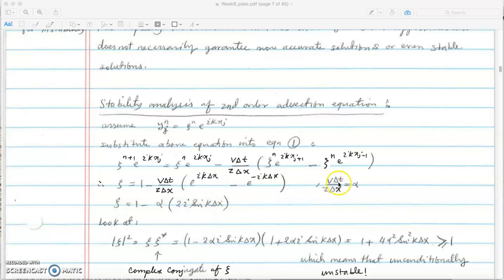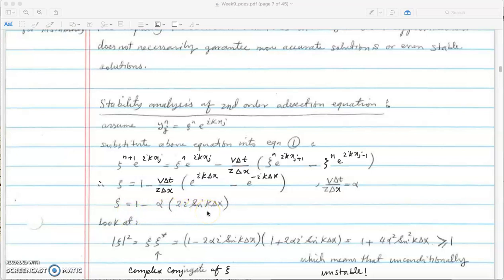So now I'm going to have alpha equal v dt over 2 del x, and then this thing you can write as cos of k del x plus I sine k del x, and this guy is cos k del x minus I sine k del x. Then because of the minus sign, the cos cancel out. So we get I sine k del x from here, another I sine k del x from here, so totally we get 2 I sine k del x.